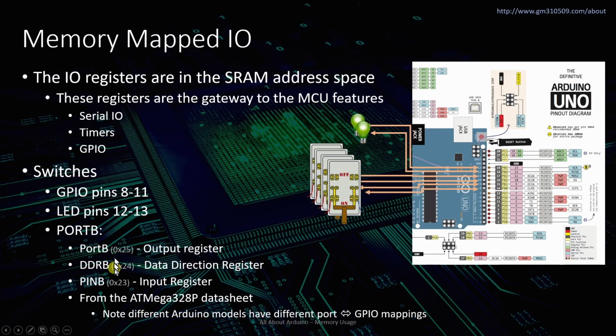And where does that come from? Well, that comes from the ATmega328P datasheet. And also this mapping comes from this pinout diagram. So what we can see here is this yellow column. Unfortunately on this diagram, the legend says that that's control, but the key thing here is the label: PB0, PB1, PB2, and so on.